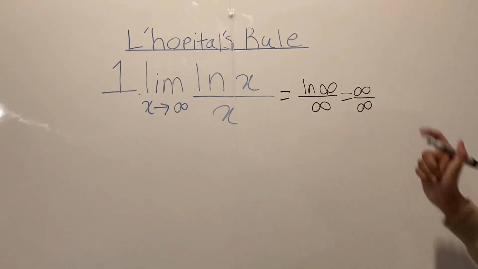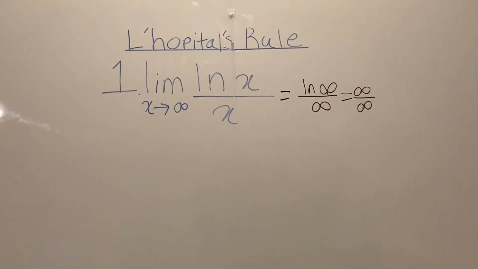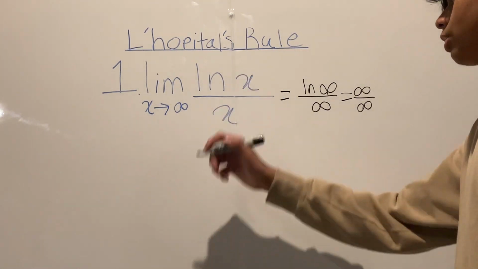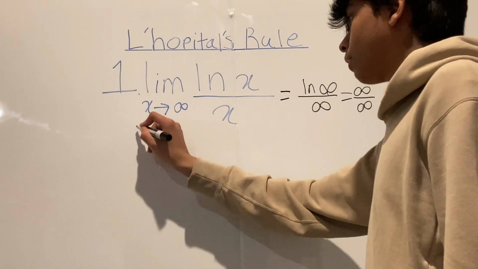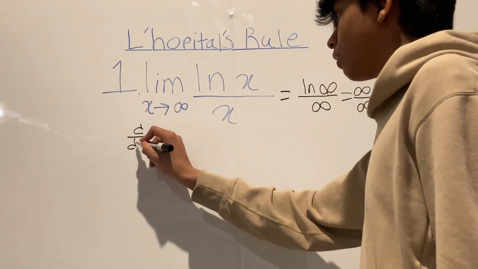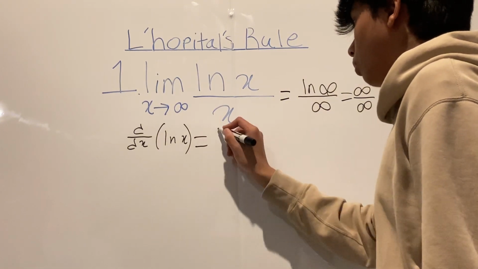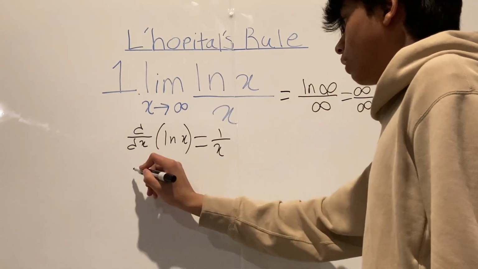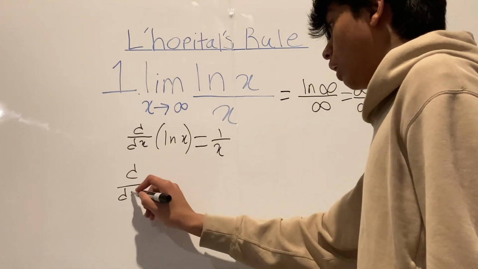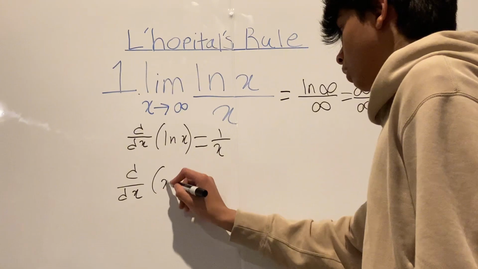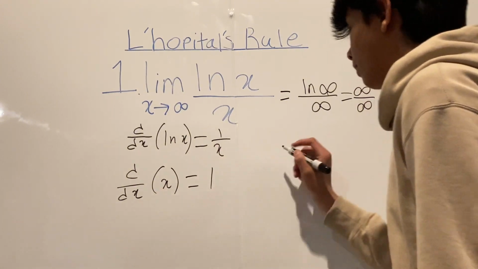So this is an indeterminate form, so we need to use a rule. So first, the derivative of ln x is just going to be 1 over x. And the derivative of x is just going to be 1.